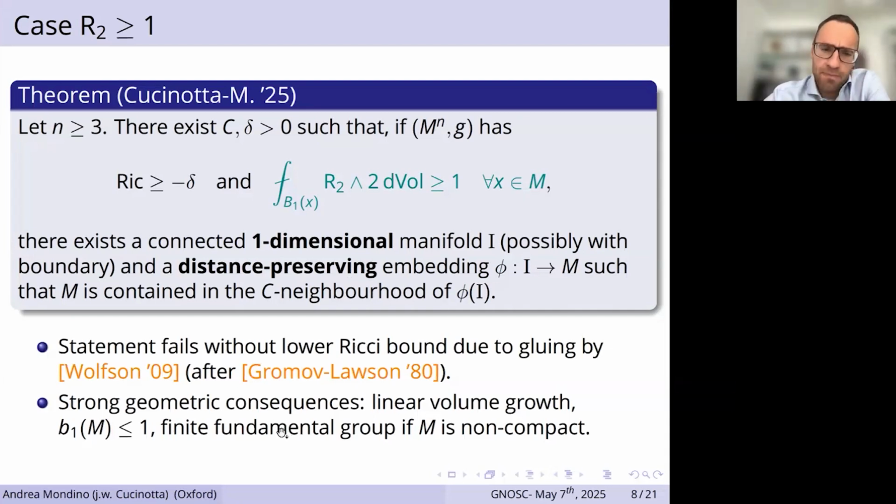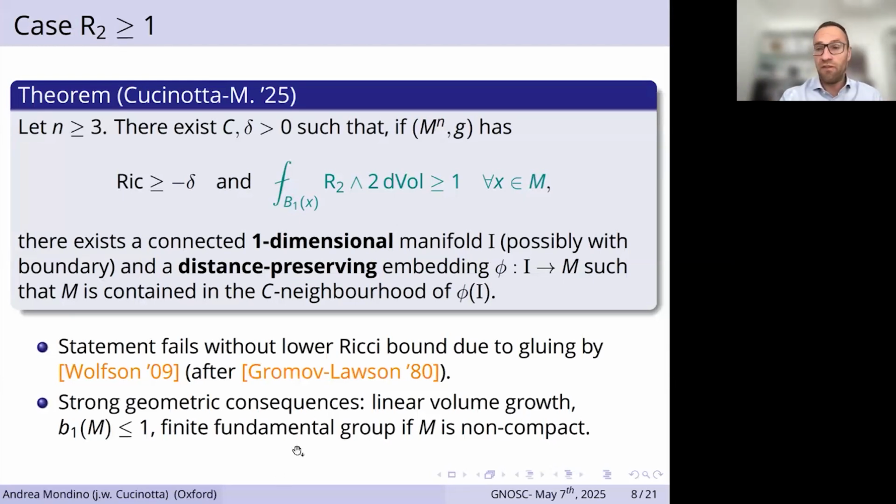And it also implies that if the manifold M is non-compact and there are these curvature properties, then the fundamental group must be finite. Again, this is because if the manifold is non-compact, then you have at least one ray, so you have one direction which goes to infinity.